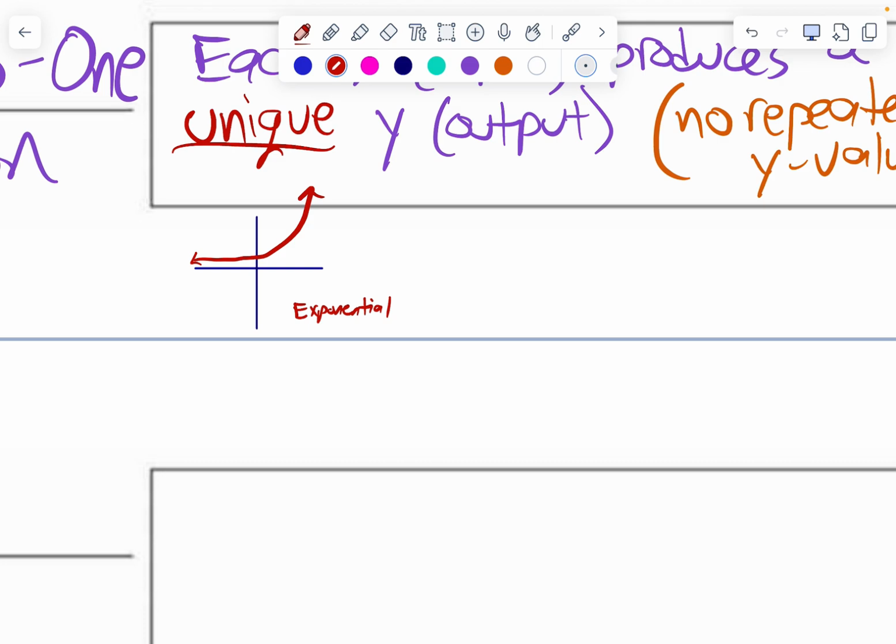Does each x produce a unique y? No, you're right. Yes, it's one-to-one. In other words, think about it. If I pick an x, it doesn't look over here like that's true because it looks like it flattens out, but it actually doesn't. Anywhere along here, if we pick an x, it's going to produce just one y, one unique y value.